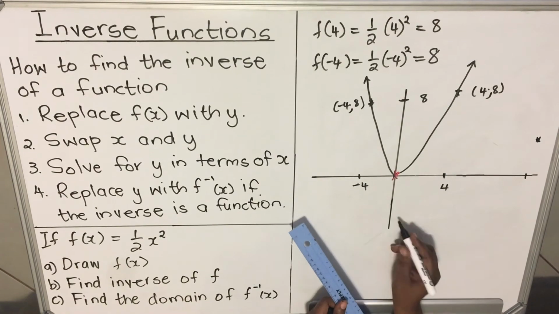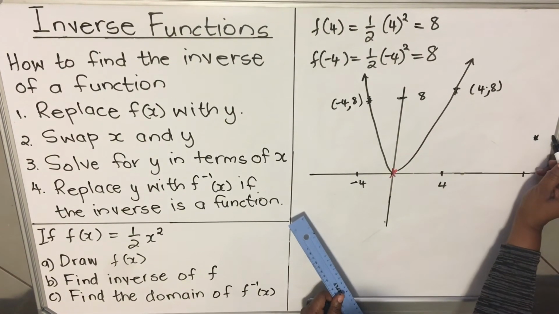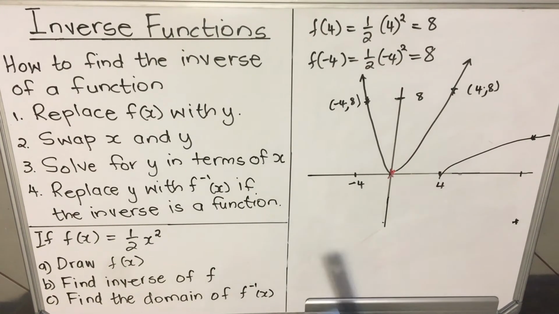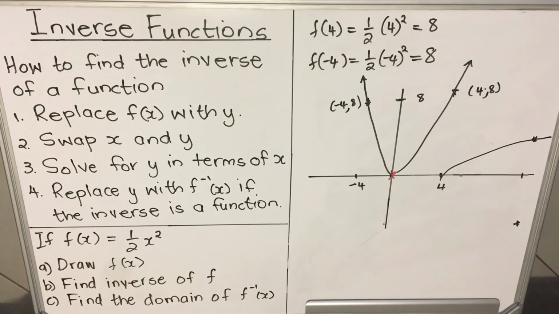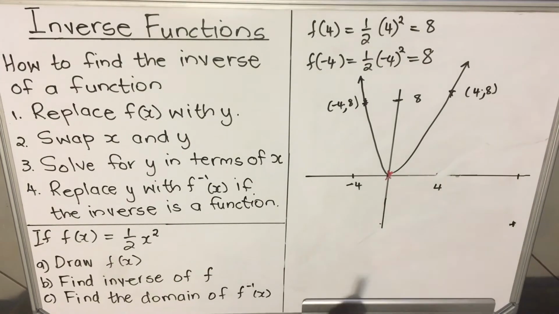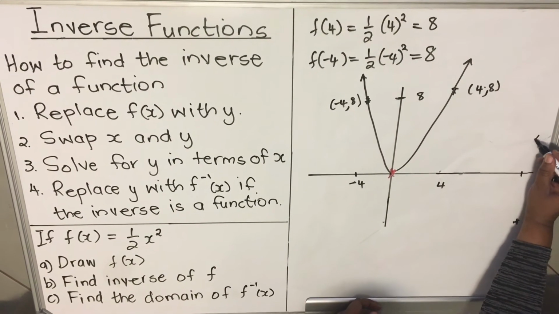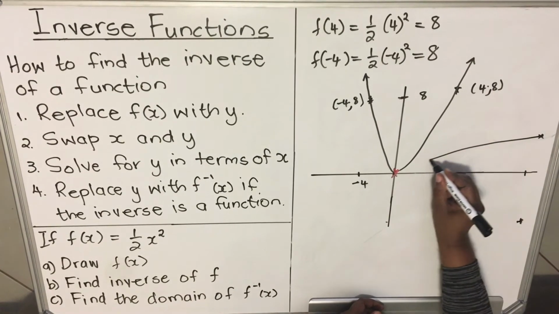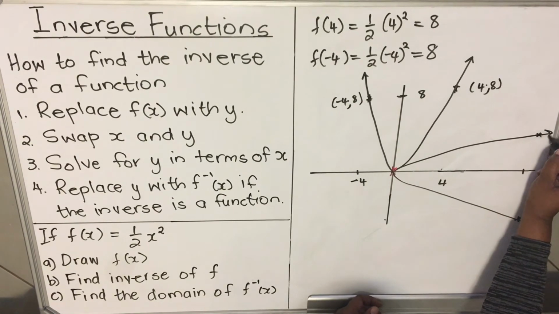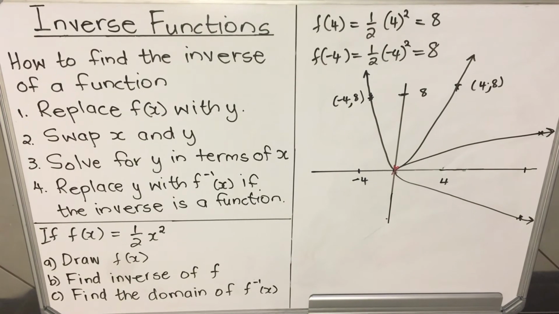It will be 8 and minus 4. So it will be there. Then my graph is going to go like that. No, man, not there. 0 and 0 is my turning point. It's going to go to there. Right, yes. This is my inverse. I wanted to draw my inverse in red, I forgot.